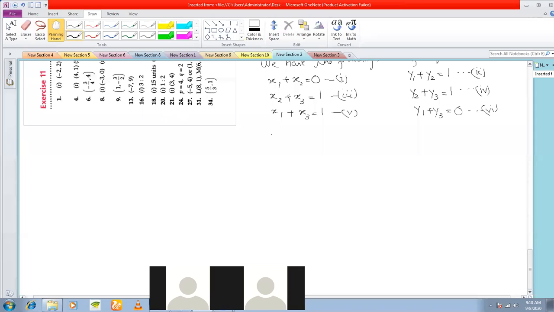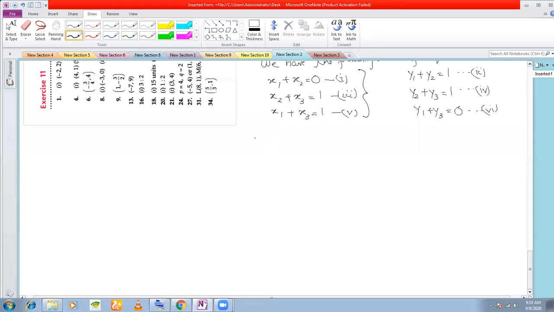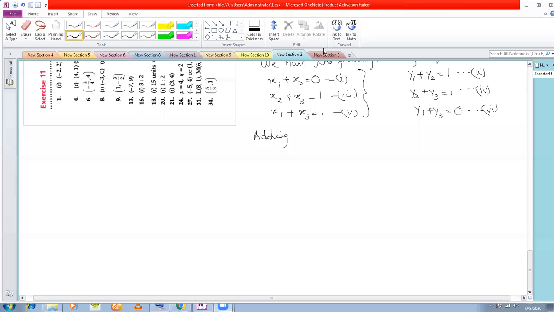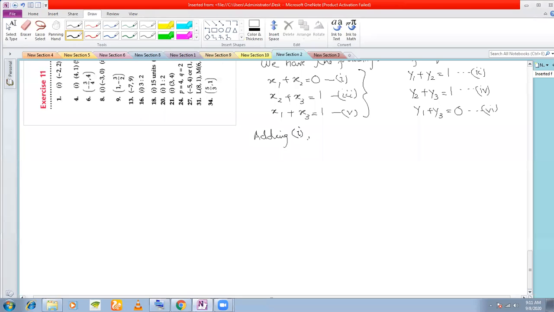Now, what you do here is you consider this set first. You add 1, 3, and 5. What do you get? X1 plus X2 plus X2 plus X3 plus X1 plus X3 is equal to 0 plus 1 plus 1.